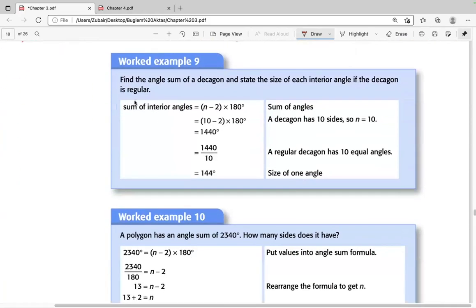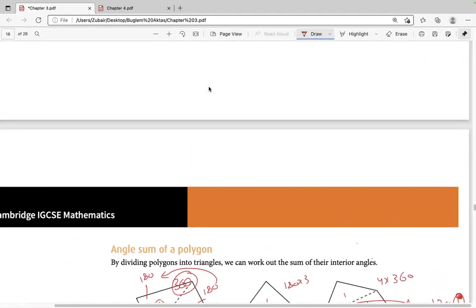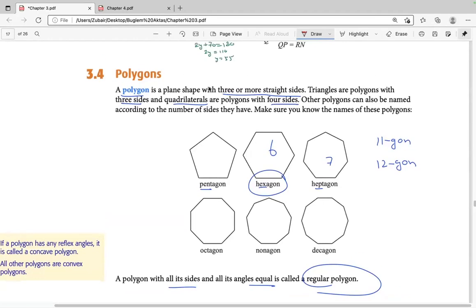A few worked examples. Find the sum of angles of a decagon. Deca is how many sides? 9? Deca is 10. Okay, nona is 9 and deca is 10. So from penta to deca, we need to know the names.